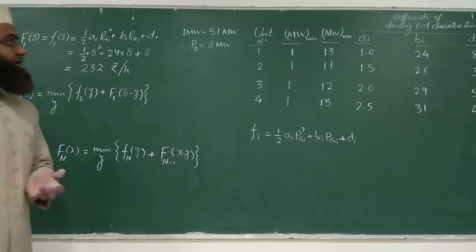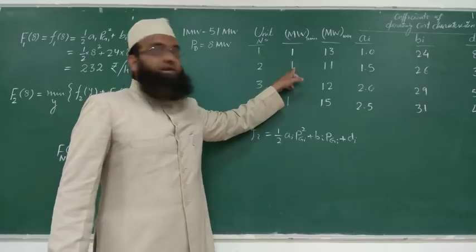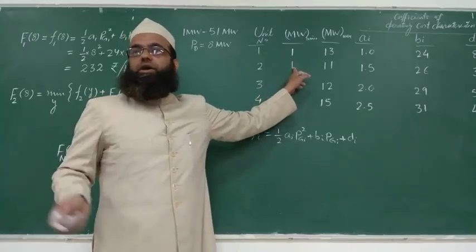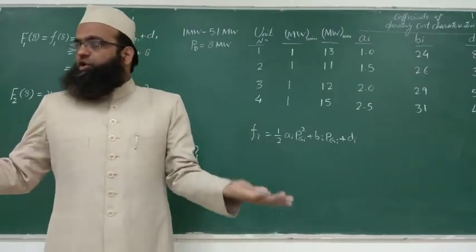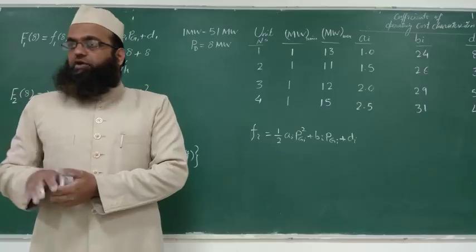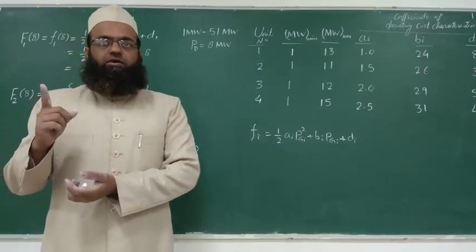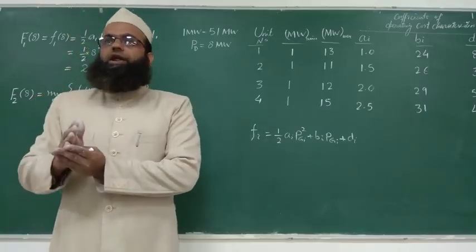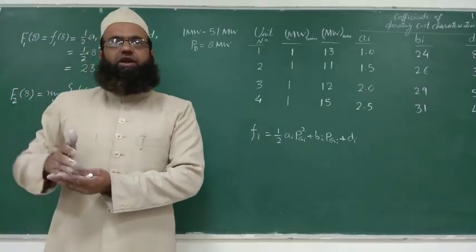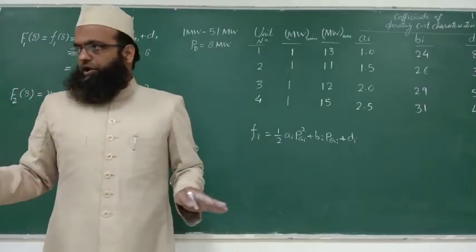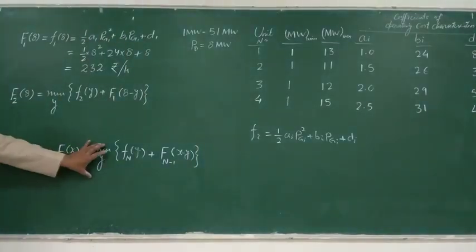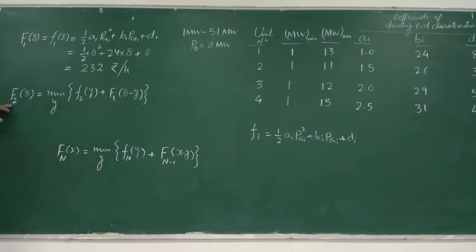Remember that each unit has its minimum limit as 1 megawatt. So if somewhere 0 is coming out, it means the unit is not operating, unless it is 1 or 2, 3 or like that. Because we have selected our step as 1 megawatt, the minimum loading will be 1 or 2, 3 like that. Once loading is coming out to be less than 1, or 0, it means the unit is not operating. Clear? Okay. So from this formula, we can write F2(8).